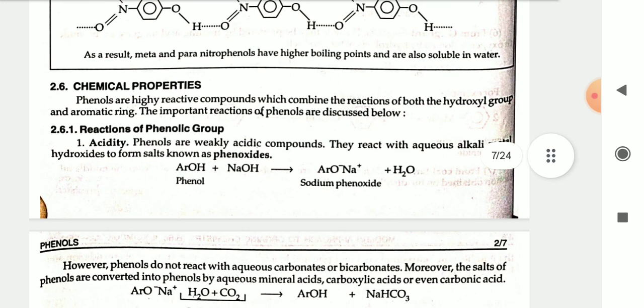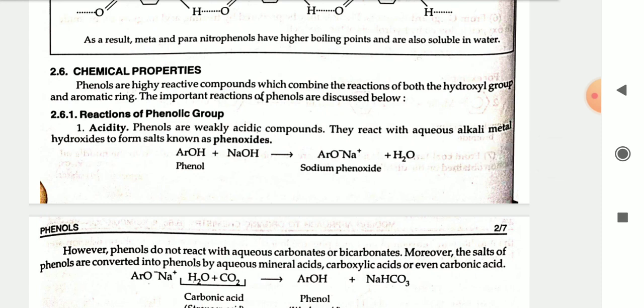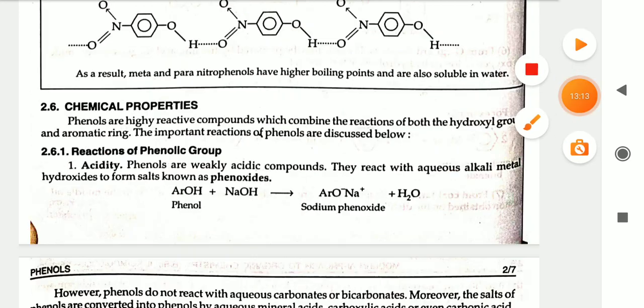Chemical properties. Phenols are highly reactive compounds which combine the reactions of both the hydroxyl group and the aromatic ring. The important reactions of phenol are discussed below. First, reactions of the phenolic group. First is acidity. Phenols are weakly acidic compounds.